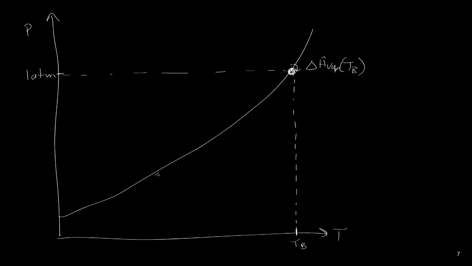But if we want to know the heat of vaporization right here, generally we're going to have a saturated liquid and we want to transition to a saturated vapor. But we don't know how steep this cliff is right here. We don't know how big this step is going from the liquid to the vapor phase.